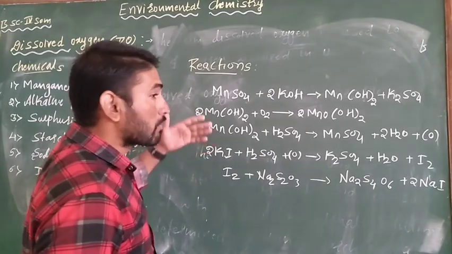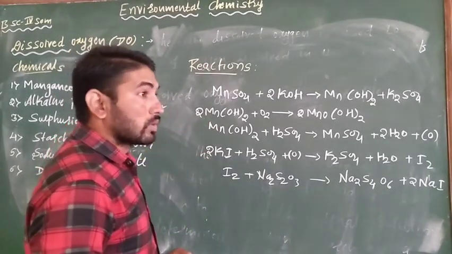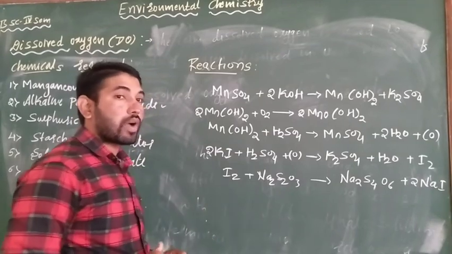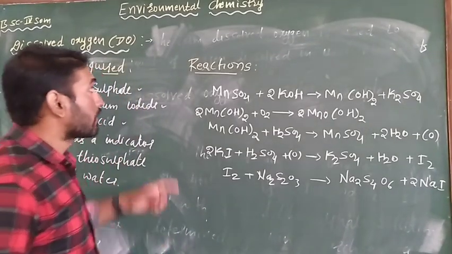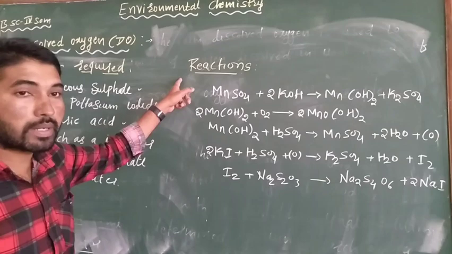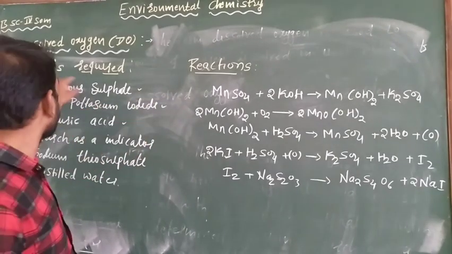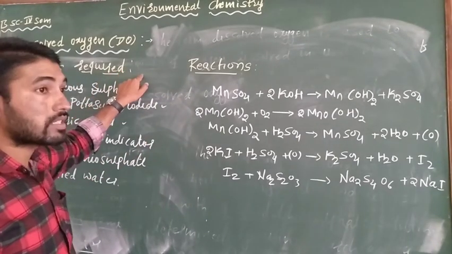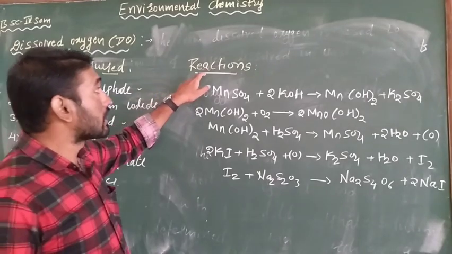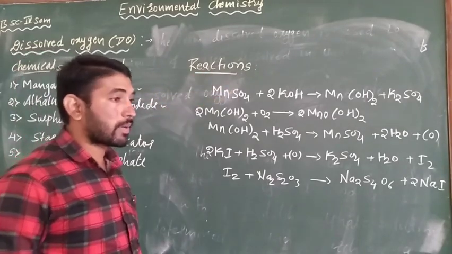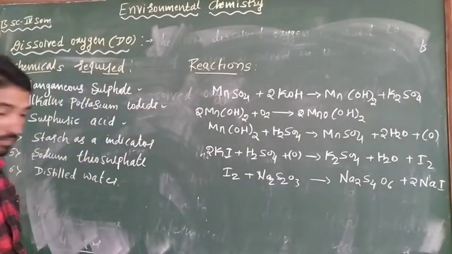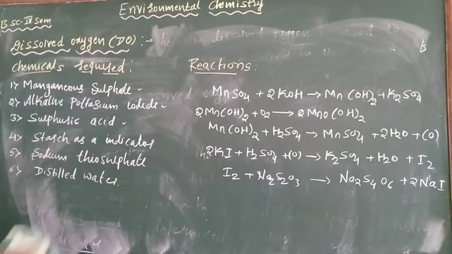Okay, we'll study one by one through procedure. What is the procedure involved in this experiment? First one, we know the principle of this experiment, and second, we know the chemicals required for this experiment, and third one, reactions of this experiment, and next one, procedure.